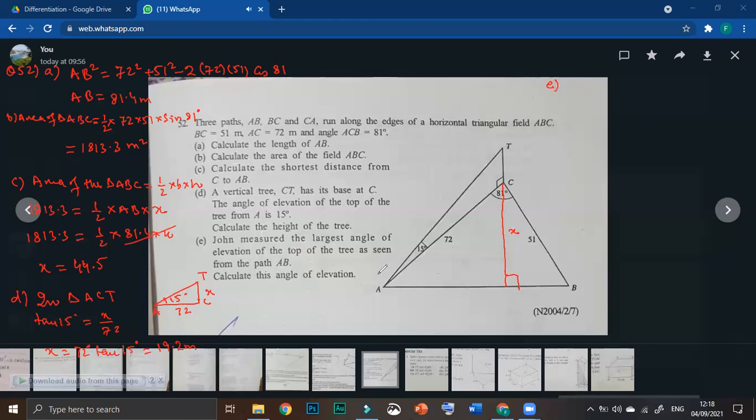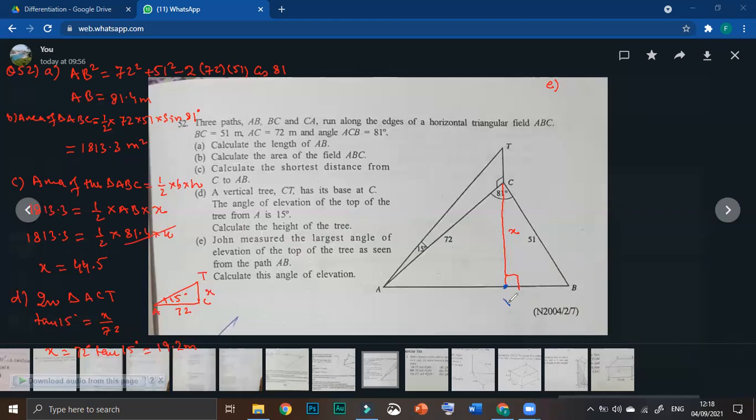AB is the path. We will draw a perpendicular from the base of the tree to the path. We will draw a perpendicular from C to AB, which is already drawn. And we want to find the angle of elevation of the tree from this point.